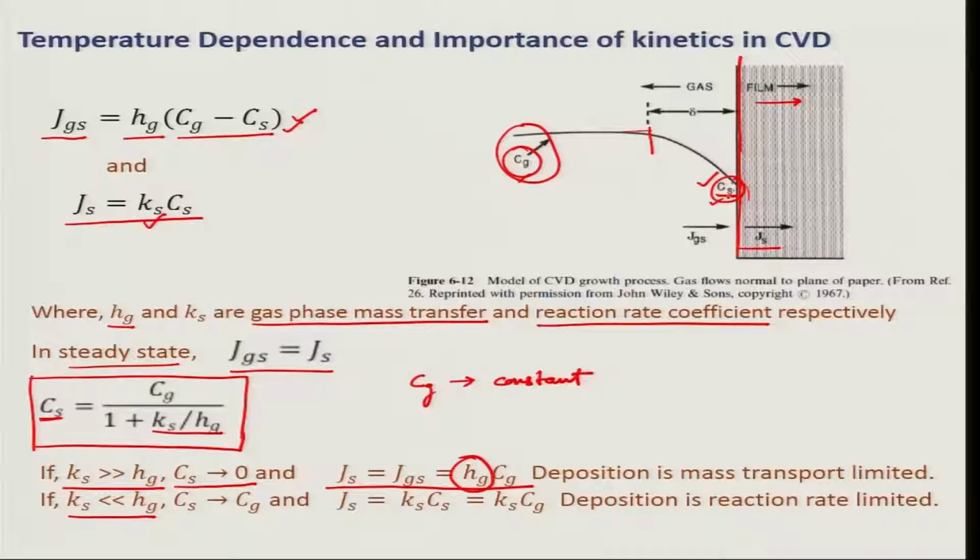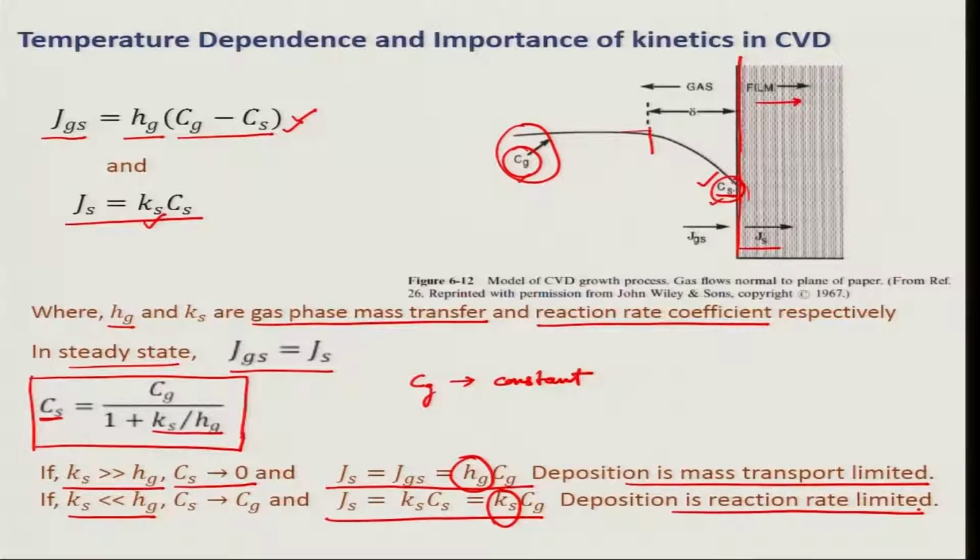So, these two concentrations over time will become equal. If that happens, my thin film growth rate, or the flux which is being converted into thin film, will depend on reaction rate. So, in this case deposition is mass transport limited and deposition is reaction rate limited.